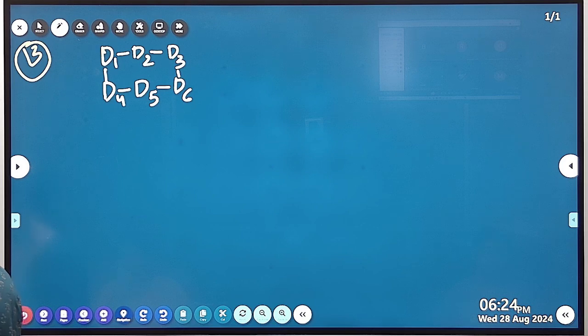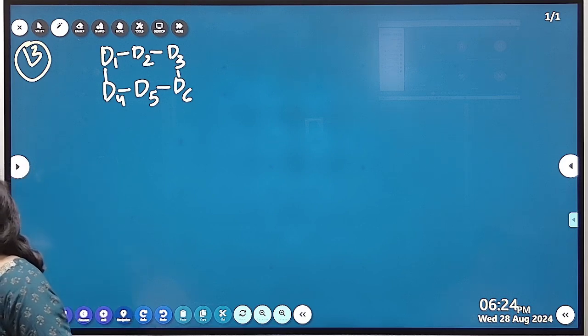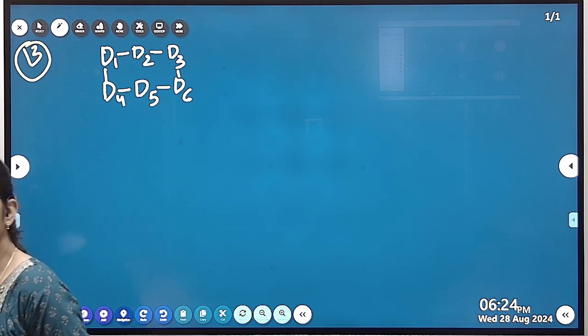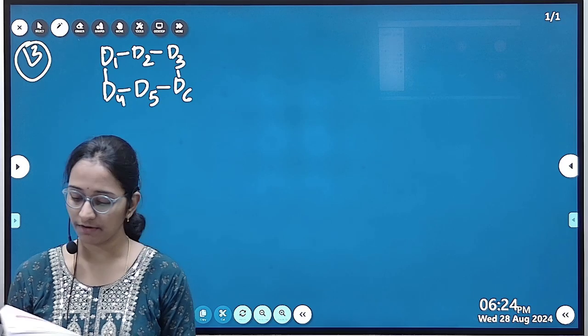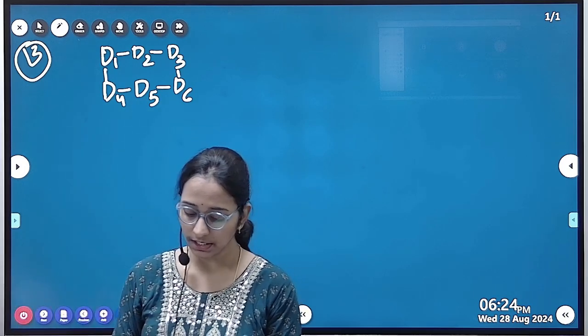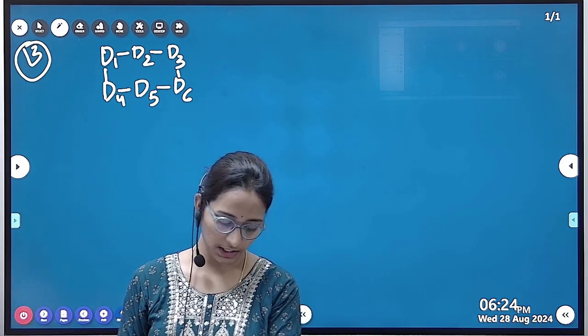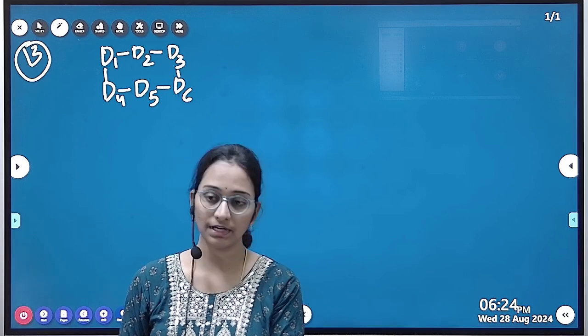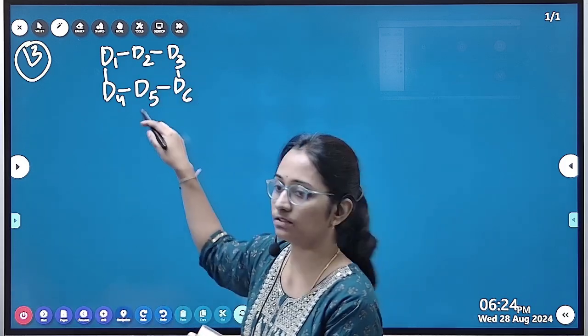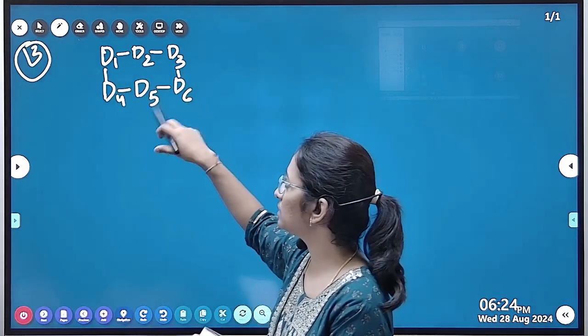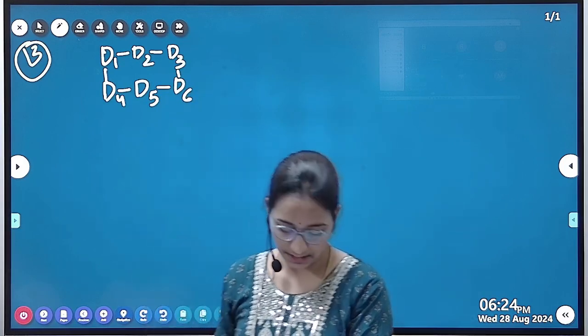So what the question is telling about? Suppose a hospital has 6 major departments, namely D1, D2, D3, D4, D5 and D6. The initial layout of the hospital is located like this: D1, D2, D3, D4, D5 and D6.